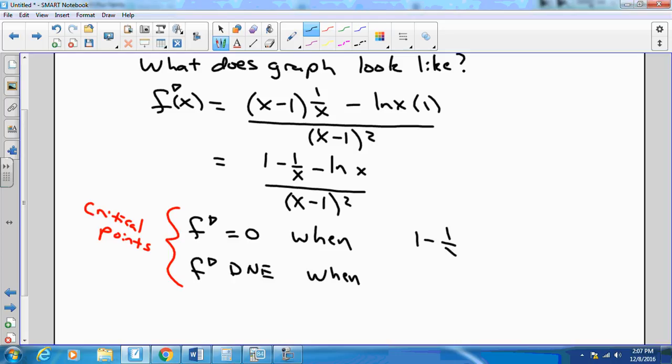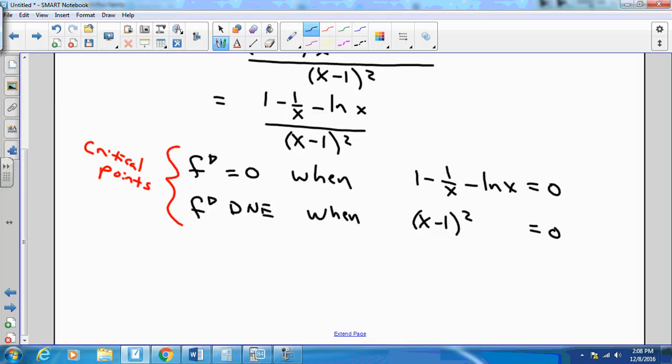And so I set the numerator equal to 0. And fractions will fail to exist when their denominators are equal to 0. Kind of remind you of the horizontal and vertical tangent questions that we had, right?